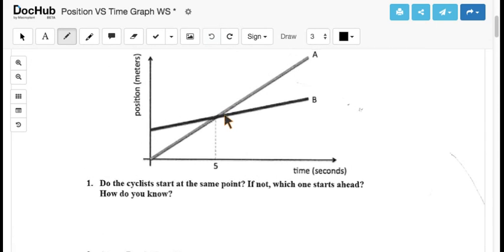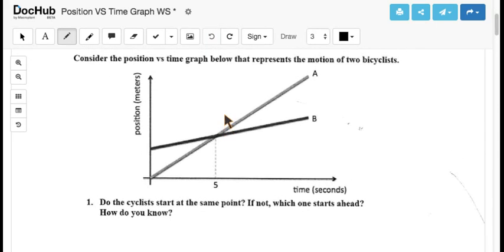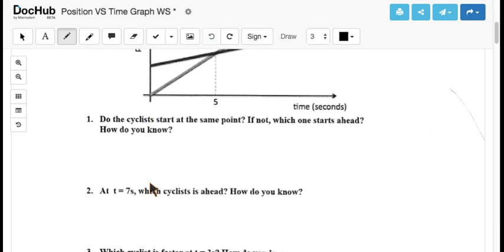So do the cyclists start at the same point? If not, which one starts ahead? So remember, this is a position and this is time 0. So look and see, are they starting at the same position when the race begins or the journey begins?